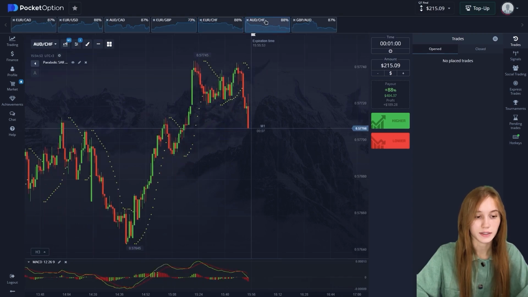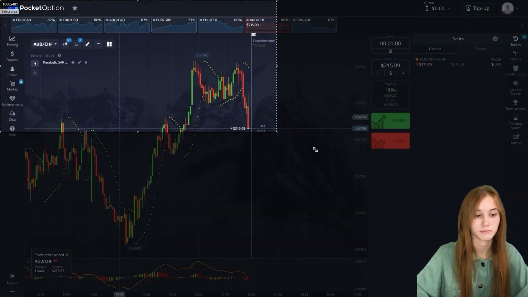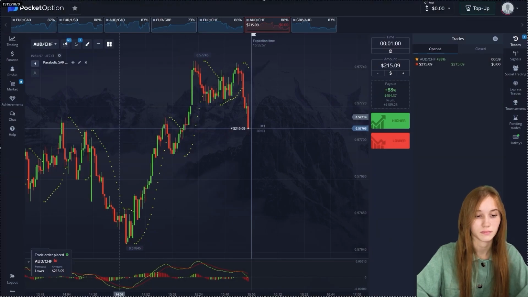Open down deal and start our technical analysis. Yeah, it's support area. We had one green candle. I think it's no recovery. 3 seconds.